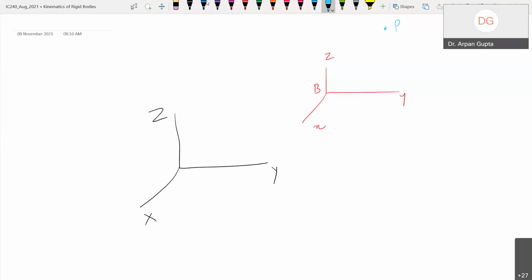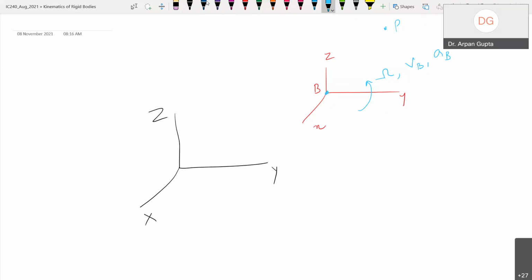So this one is fixed, and this is rotating with an angular velocity omega, and the origin has a velocity VB and an acceleration AB, right? So this small xyz frame has an angular velocity omega. Now again, omega is independent of your reference frame because it is of the body.